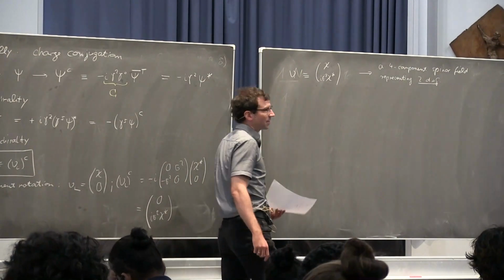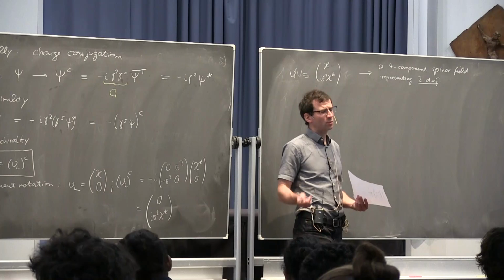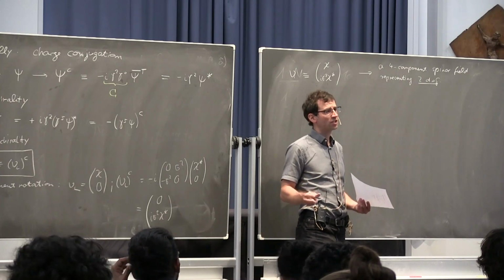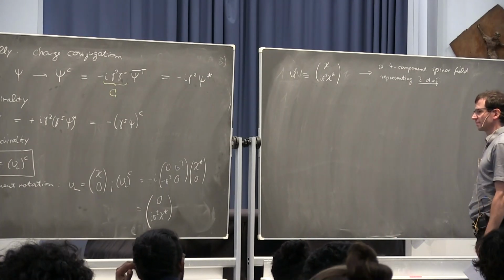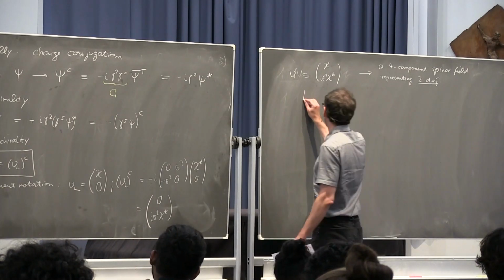That's, for instance, the convention used in the books by Weinberg, who always works with four-component notation, even when using Majorana spinors. And so this is called a Majorana spinor.